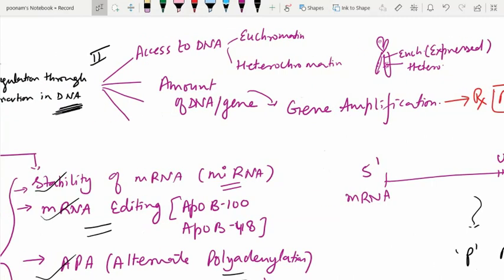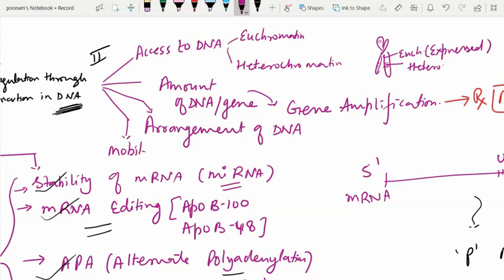Now the arrangement of the DNA can be discussed under this heading: how the exons and introns are arranged decides the gene transcription. Then mobile DNA elements.